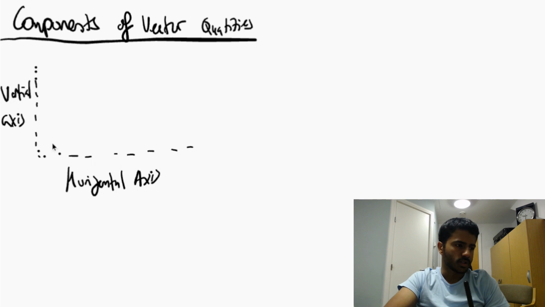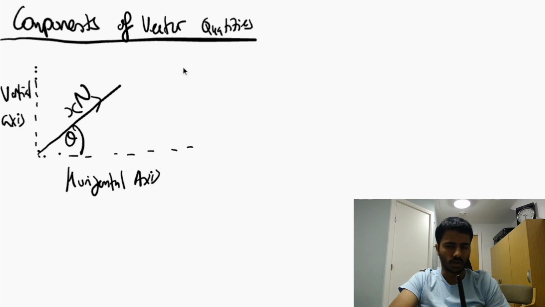Let's say I'm applying some force of, say, x newtons at an angle of theta to the horizontal axis. Now, the typical way to resolve vector diagrams is by taking components with respect to the horizontal and vertical axis. So what you're basically doing is rotating this force through this angle and projecting it onto this axis here. So you can see we'll have a length there. And you'll do the same for the vertical axis.